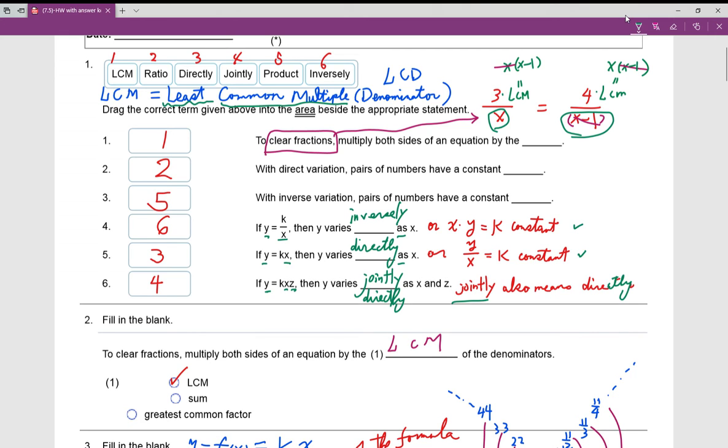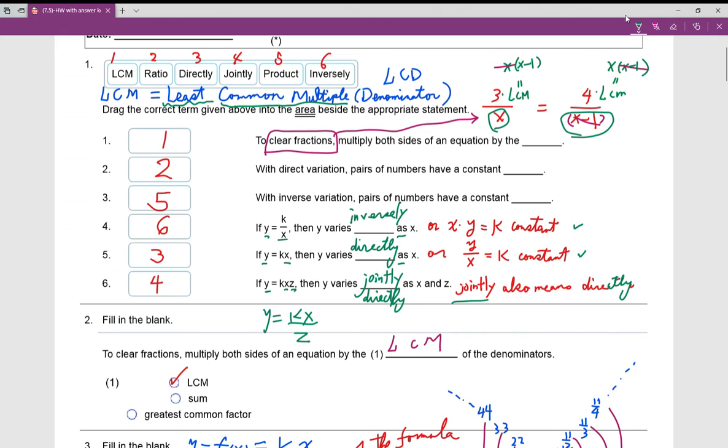How about if you have y equal to kx, that's directly, but g is on the denominator, then you cannot say jointly, even though it looks like it's joined together, right? But jointly means all vary directly.